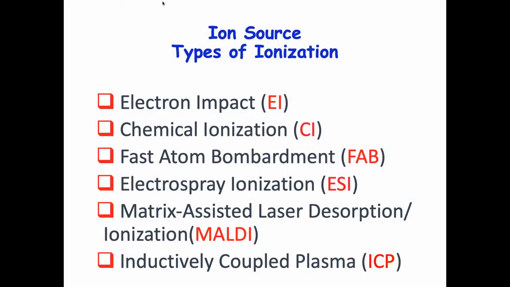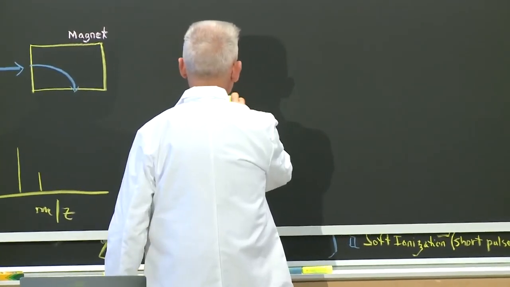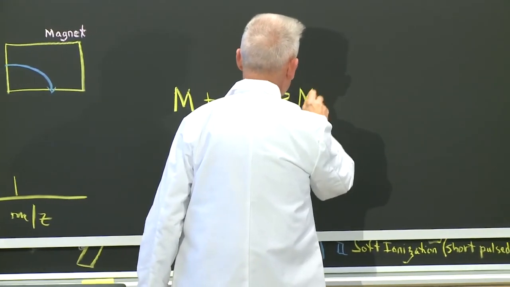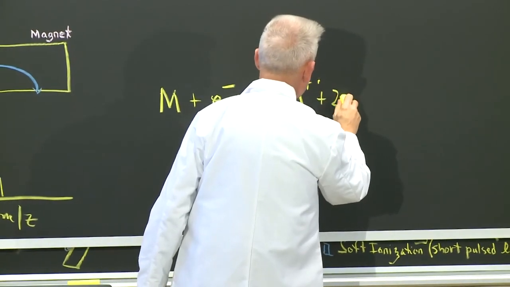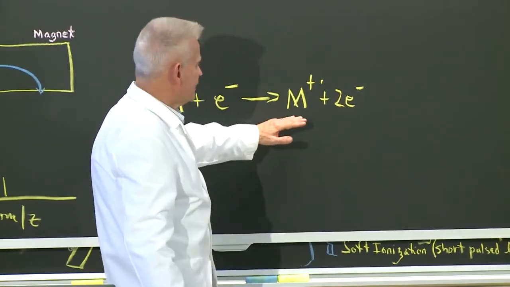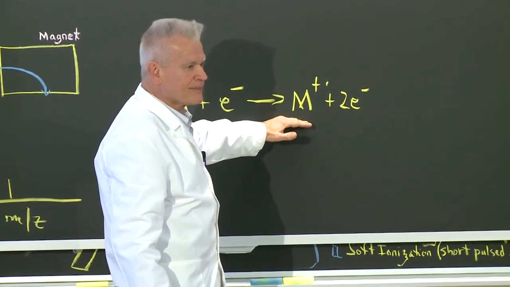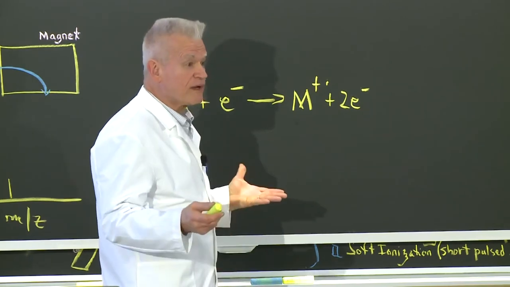And now I'm going to talk about a couple of the types of ionization. Electron impact is the basic form. So we've got our molecule, and we send it into the ion source. It gets bombarded by electrons, and you create an ionized molecule, an M+ radical. And this ionized molecule can do one of two things.